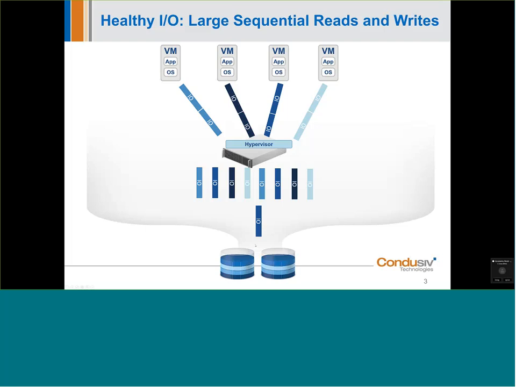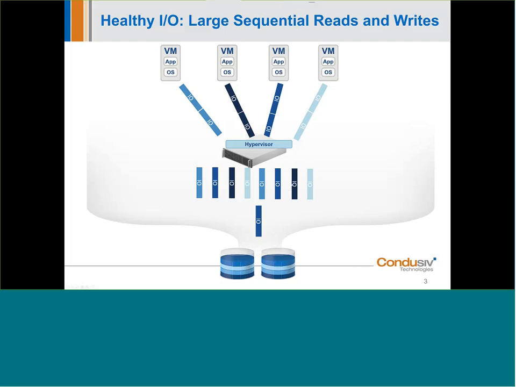The storage controller then receives that data in nice large chunks at a time, and it gives it the opportunity to create nice large unbroken stripes across its media, whatever that is. Maybe it's flash or SSD or spinning disk like SAS drives or SATA drives, but it'll create nice large unbroken stripes using the least number of storage level operations before it can then acknowledge that I/O request and send that acknowledgement back up to the Windows OS.